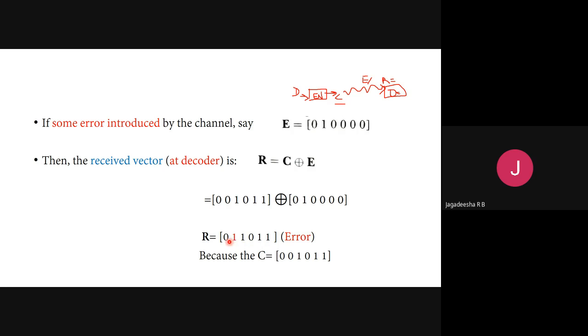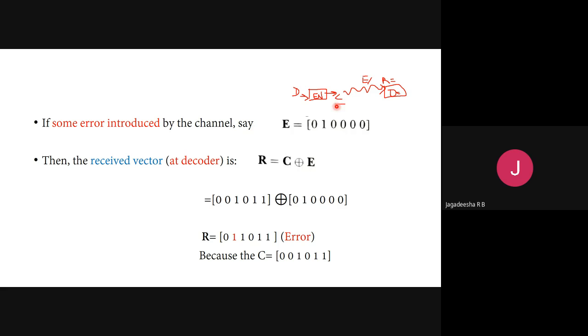Notice here, the R that we received is 0, 1, 1, 0, 1, 1. Actually, what was the code word transmitted? The code word is 0, 0, 1, 0, 1, 1, right?